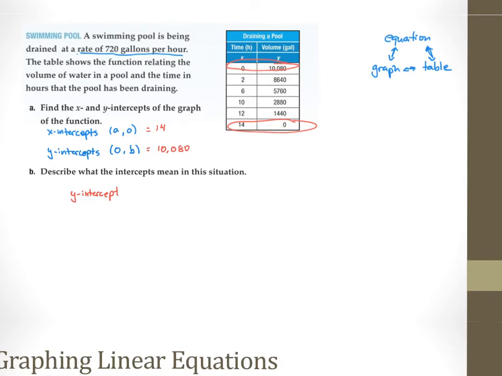So at the start of this whole draining process, we had 10,080 gallons. My x-intercept down at the bottom, 14 hours, no gallons, means that it took 14 hours for the whole pool to drain.